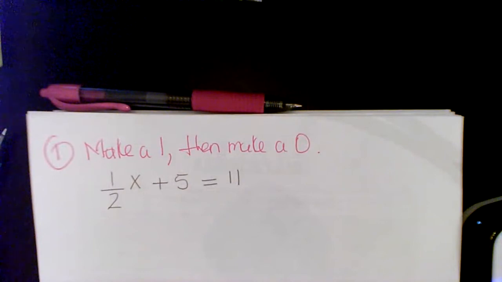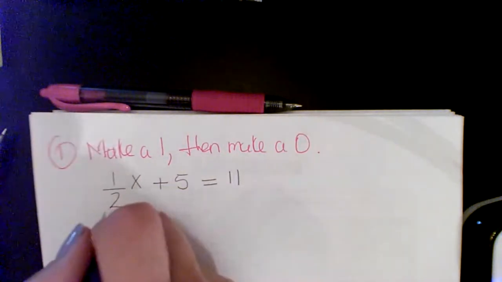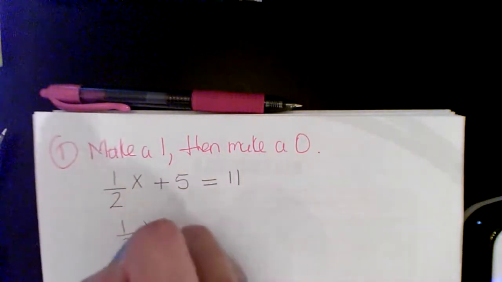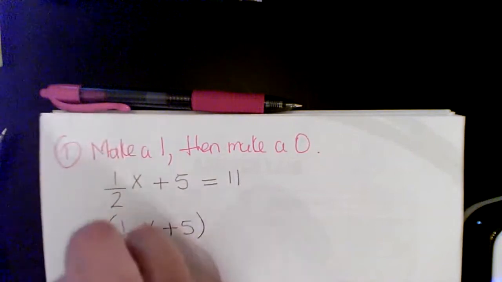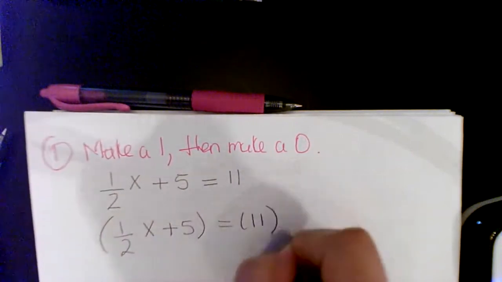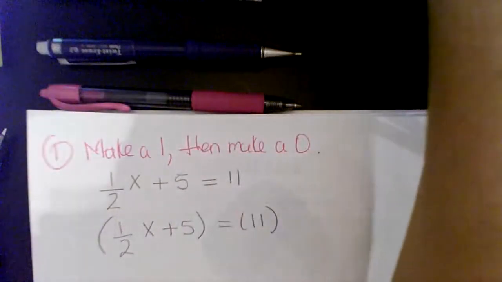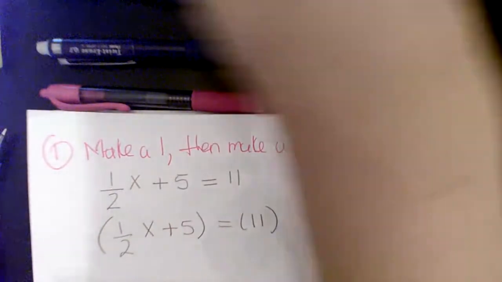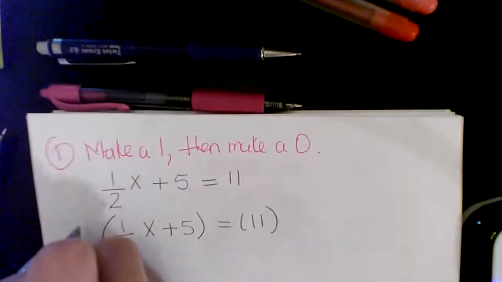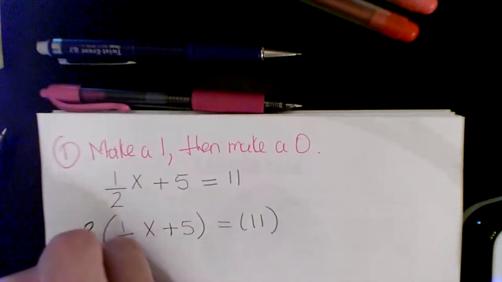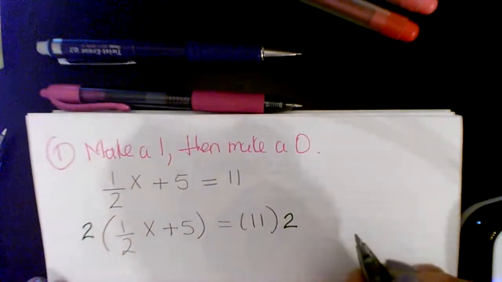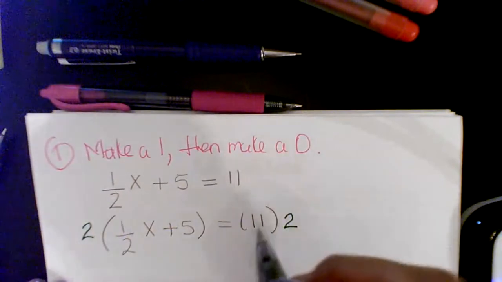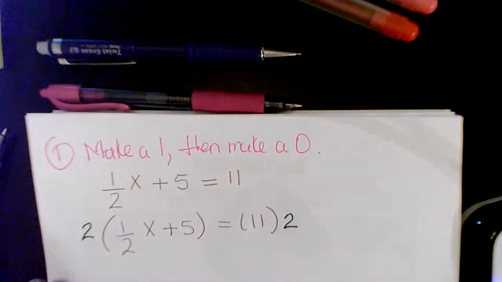So first, I'm going to apply the multiplicative inverse to both sides. So I have 1/2 x plus 5. Let me use a different color. All right, how about if I 2 and a 2? Okay, so right here, I apply the multiplicative inverse of 1/2.